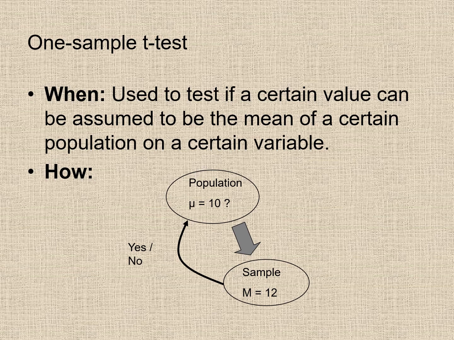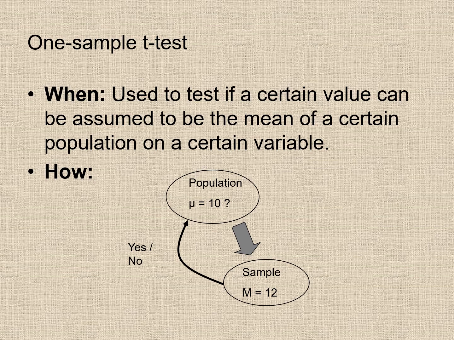We use this if we want to test if a population we are interested in might have a population mean that is a certain value. As an example, imagine we have a population, for instance adult Swedish women, and we wonder, might the mean in this population on the variable depression be a value of 10?